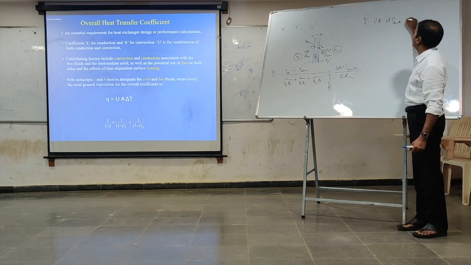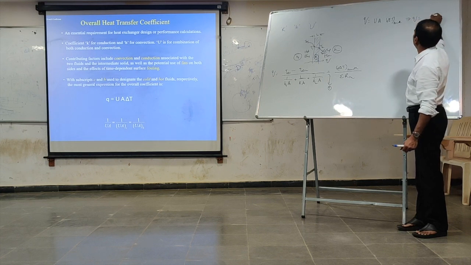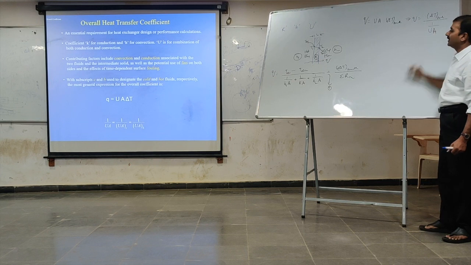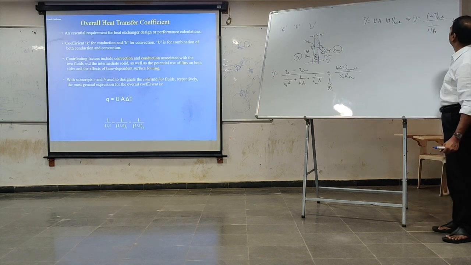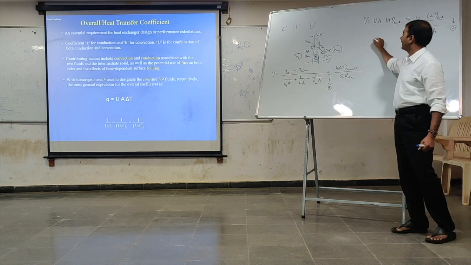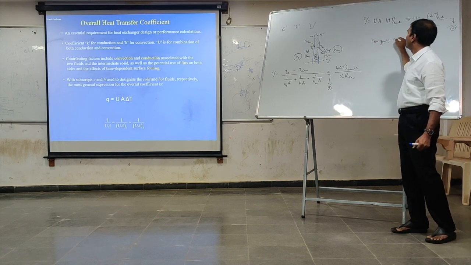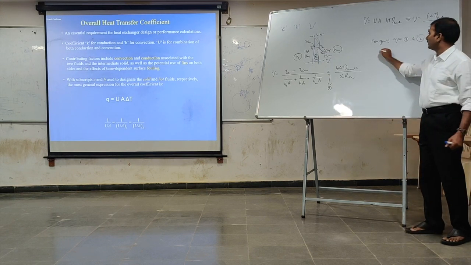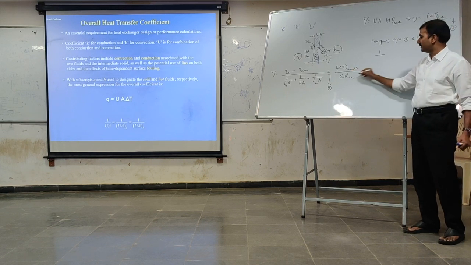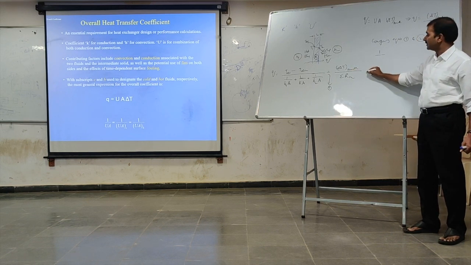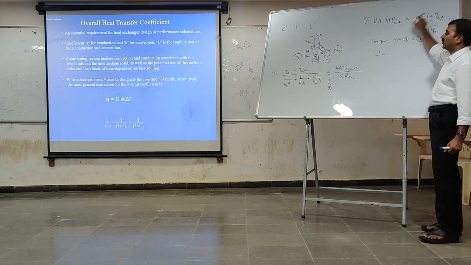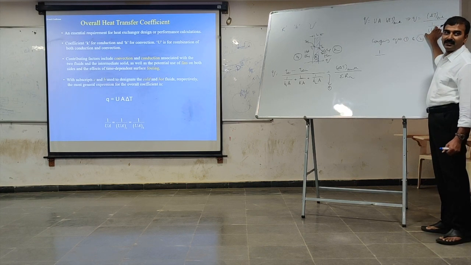Now this can be written as Q is equal to delta T overall divided by 1 by UA. Let's say this is equation 2. By comparing equations 1 and 2, what do you get? The numerator is the same for both, which is the sum of resistances. So therefore the denominators are equal.